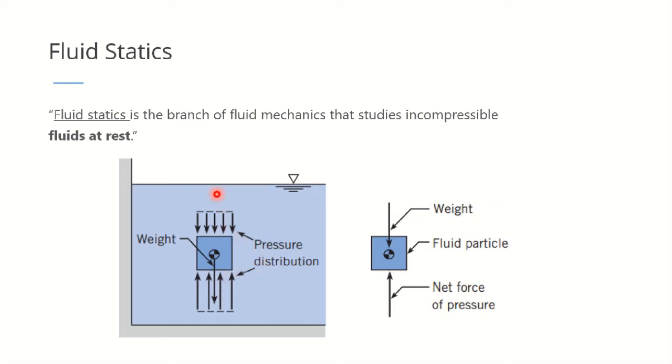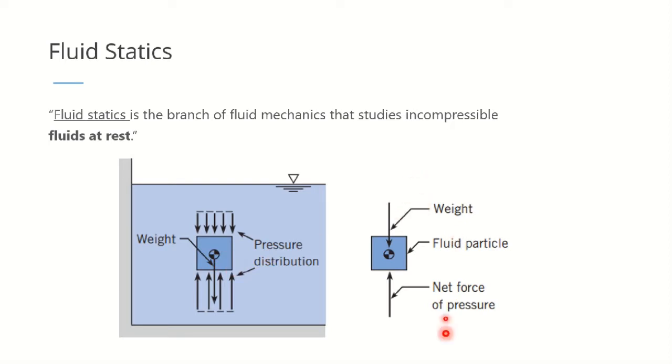So may pressure pababa and also may pressure pataas. So let's say hindi ito fluid particle but a solid object, pwedeng buoyant force itong pataas na force. And also weight. Ayan, so balance silang tatlo. Kaya nasa stationary position or fluid at rest.